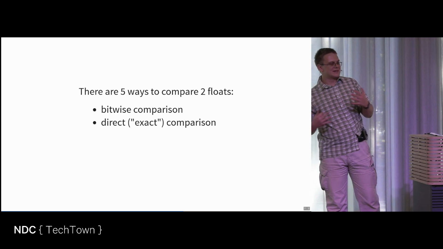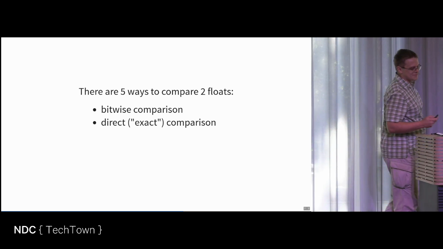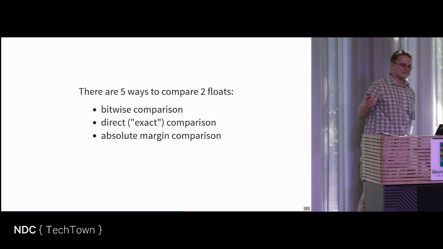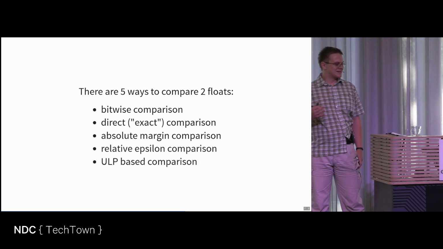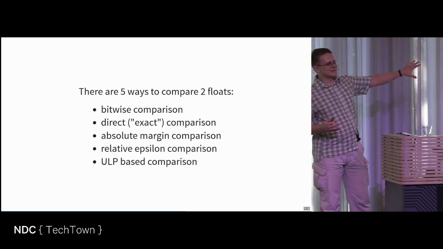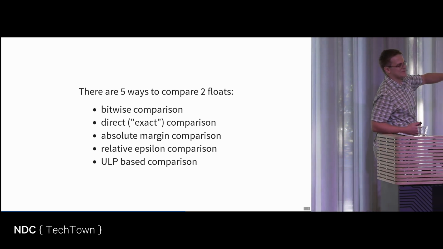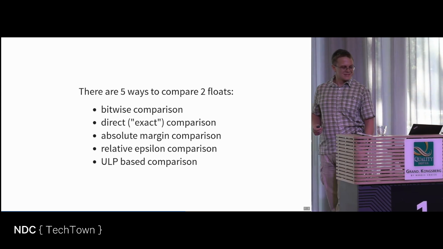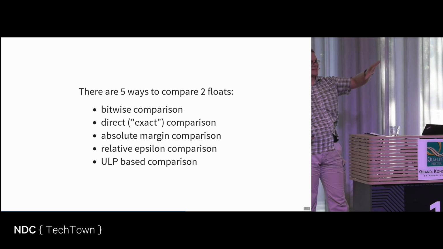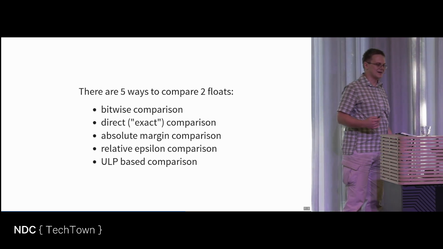I don't think it has a real name. You can do absolute margin comparison, relative epsilon comparisons, ULP-based comparisons. And all of these have some case where you want to use them and some downsides when you shouldn't use them. So you actually should know all of them, at least have some idea that they exist and why.